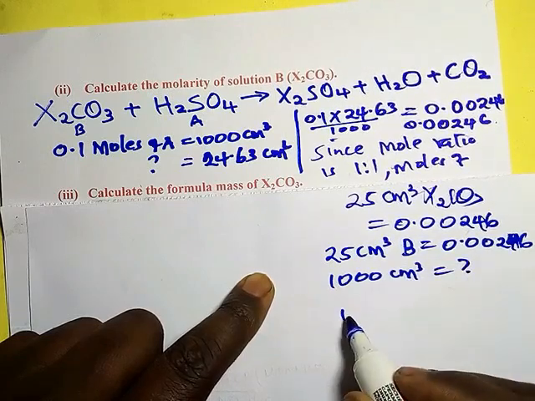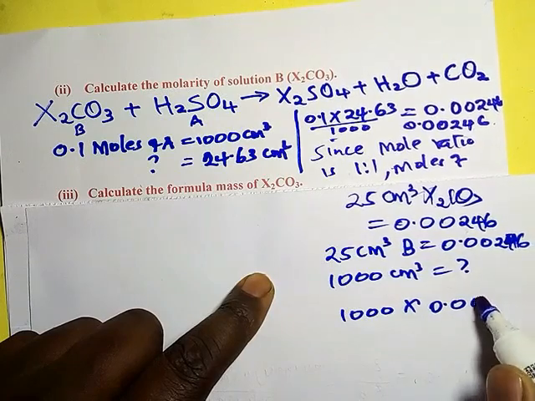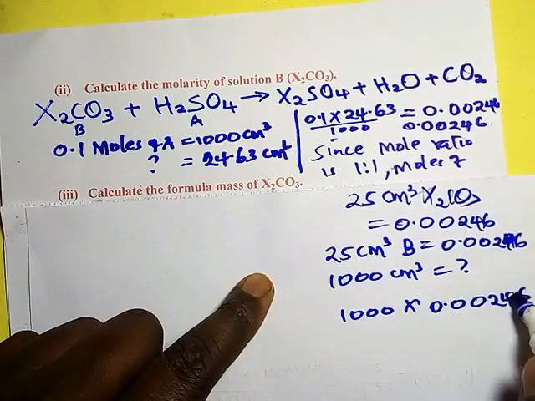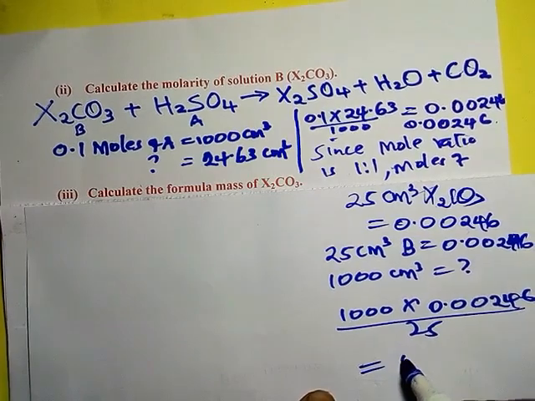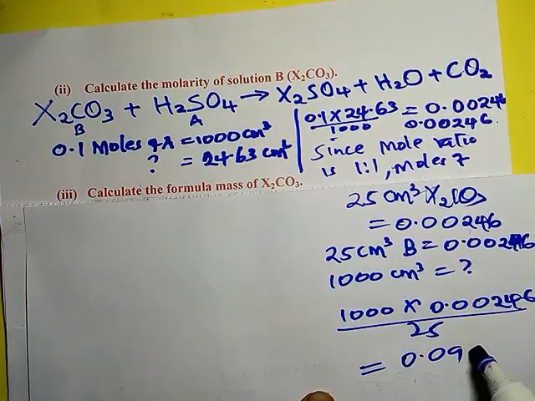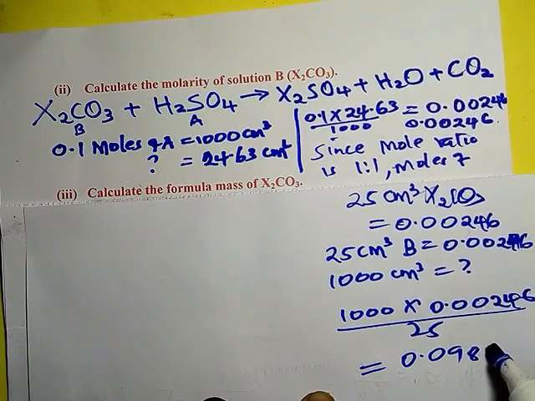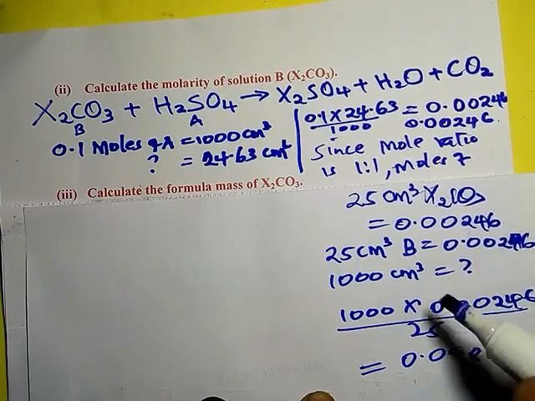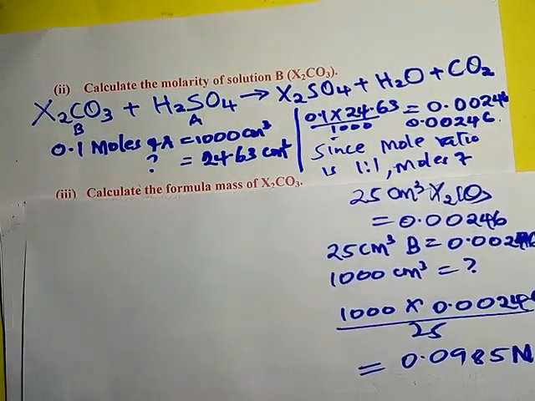So 1000 times 0.00246 divided by 25 will give us 0.0985 capital M. This is the molarity of the carbonate. Thank you.